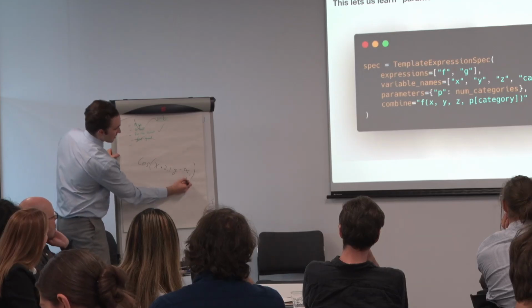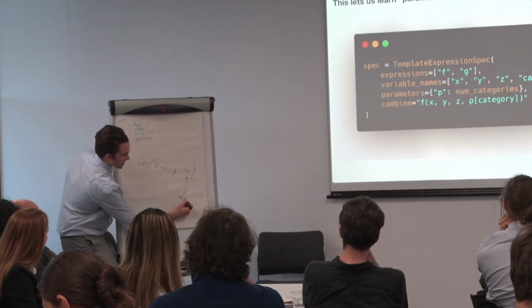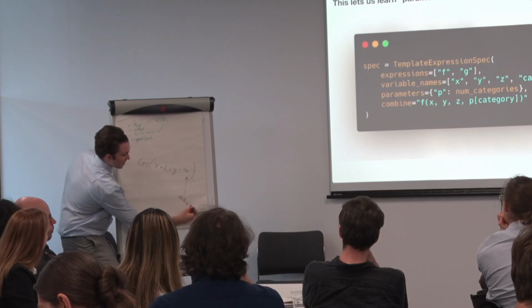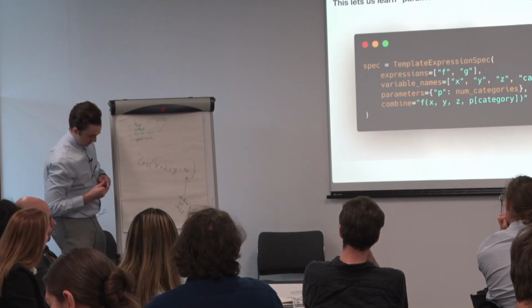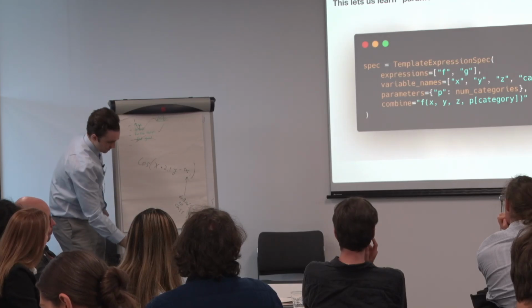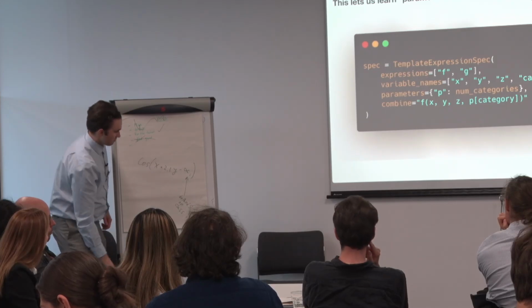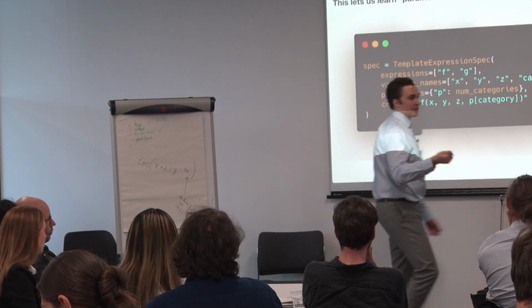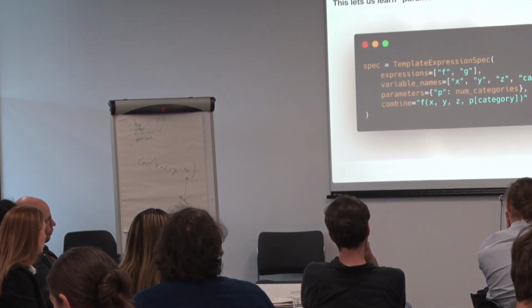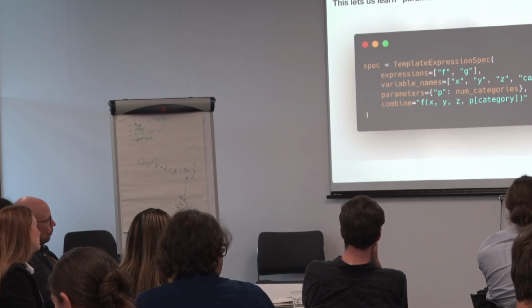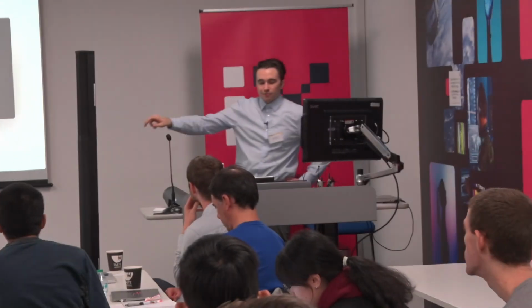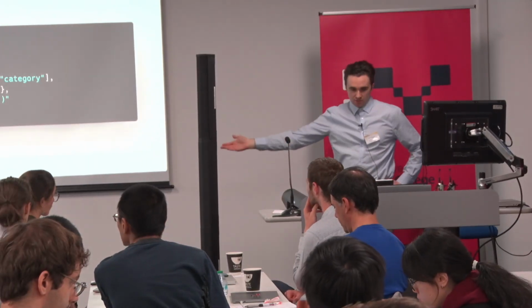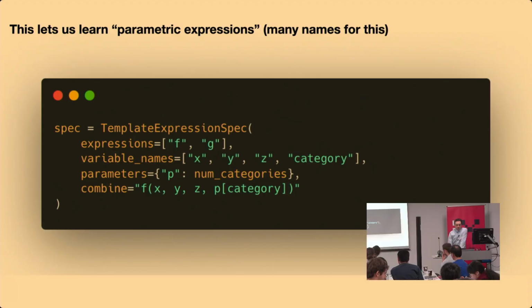And then alpha_i depends on the class. And so it's going to learn on class i. And so this template is essentially going to learn an alpha for every class. And so this is if you want to learn a basis function, or you want to learn a model, and you think okay, I want one model, but I want slightly different parameters for every instantiation, this is kind of what you would do.